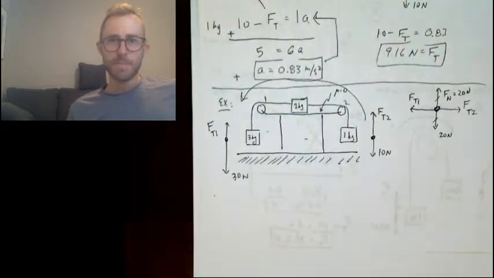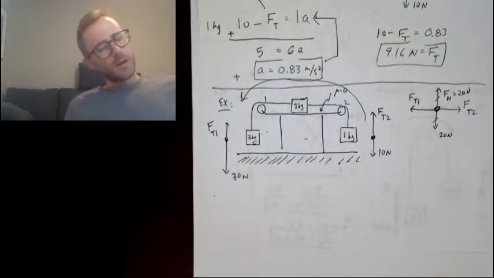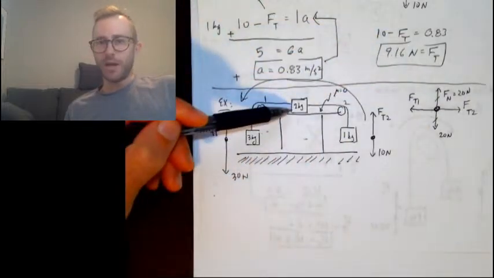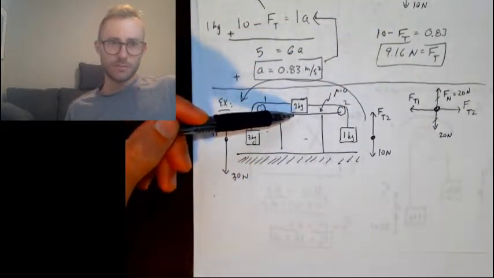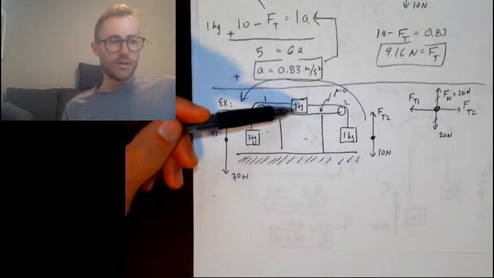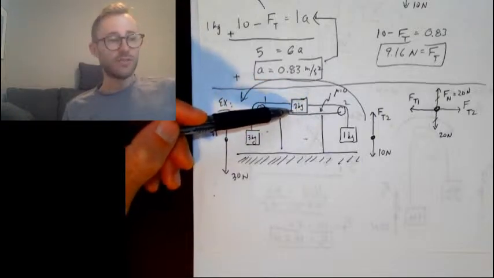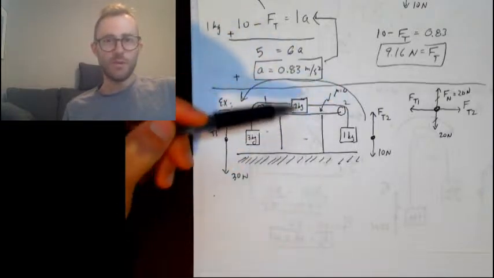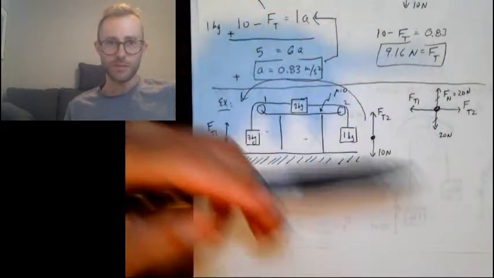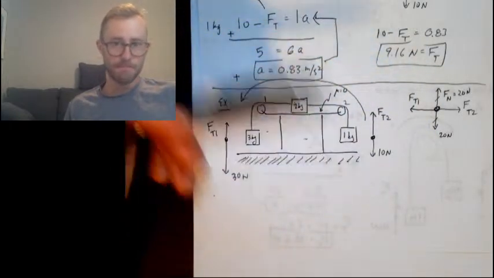Okay? So there you have it. In this problem, the vertical forces on this mass do not really matter. Why is that? It's because this 2 kilogram mass is moving left to right. It's not moving up and down. So the vertical forces have no bearing on how it's going to move.